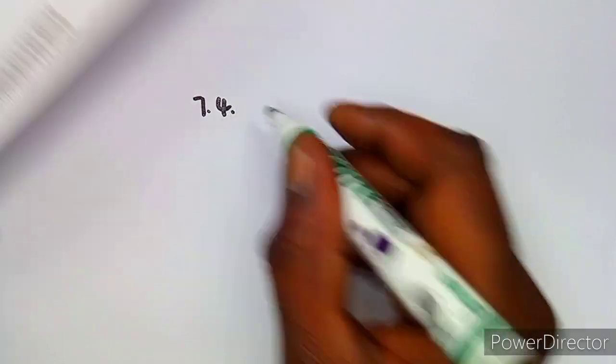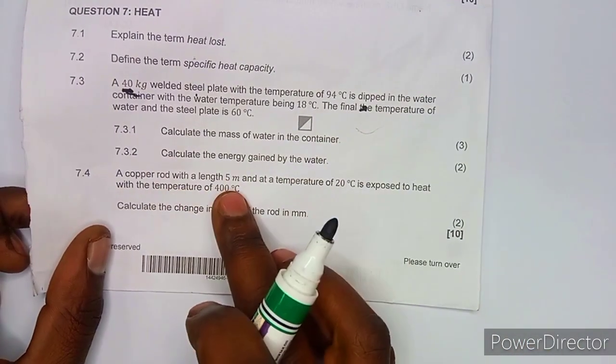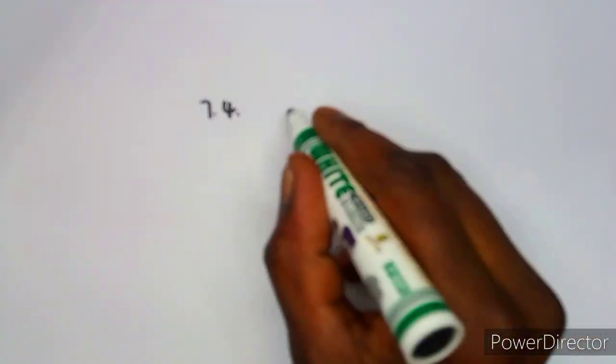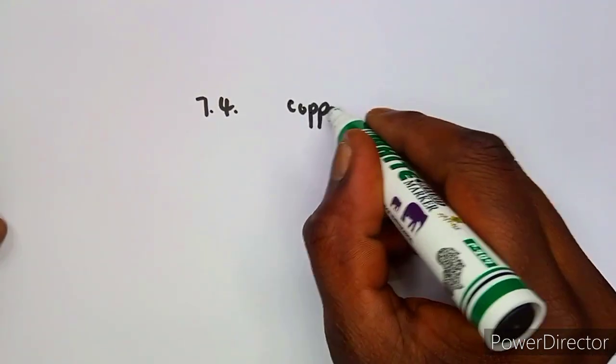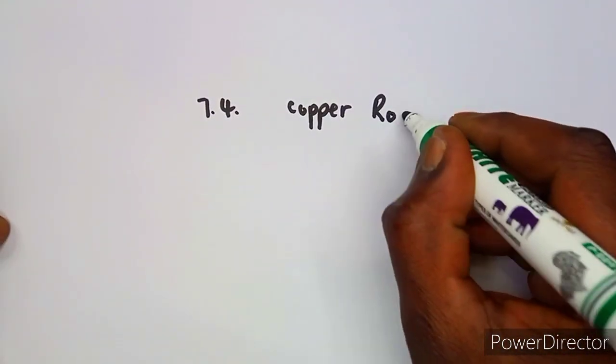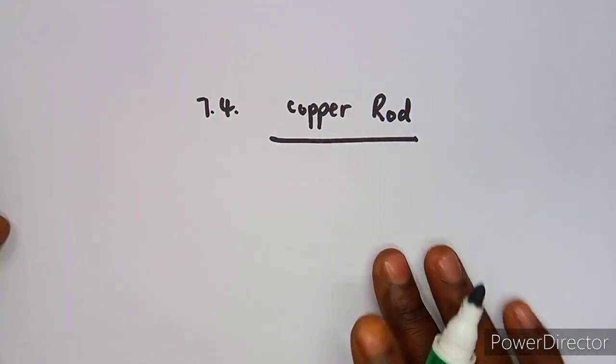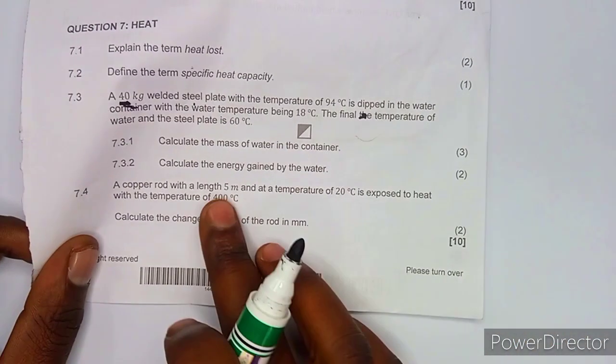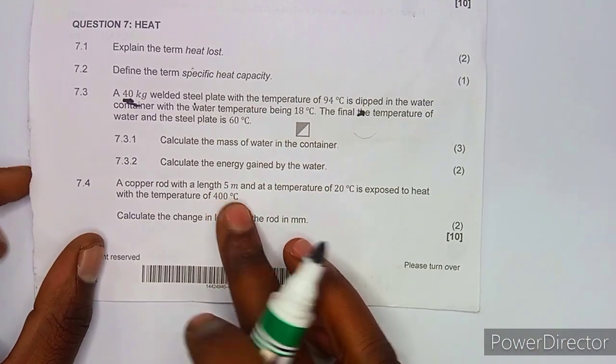So you know that whenever you are given the original length and so forth, you can just list down the information that you are given. This is the length of the rod, a copper rod. So you are working with a copper rod. It's very important that you know what you are working with. So you've got the original length of the copper rod, which is 5 meters.